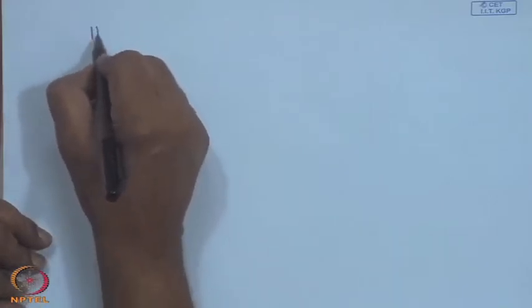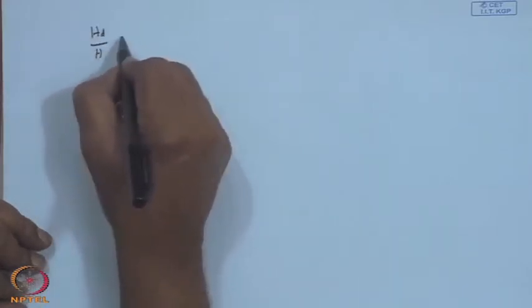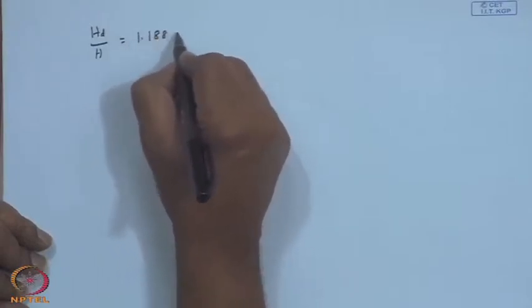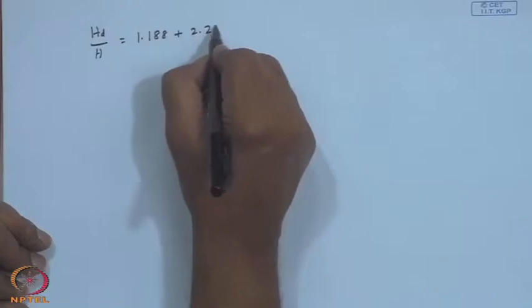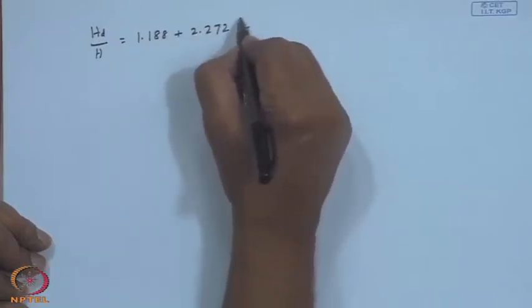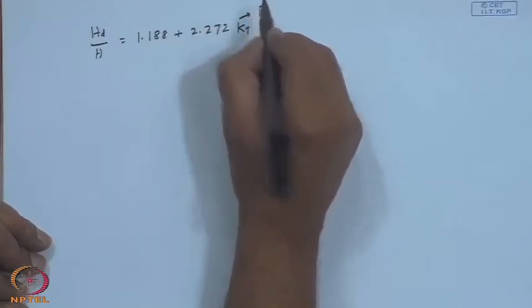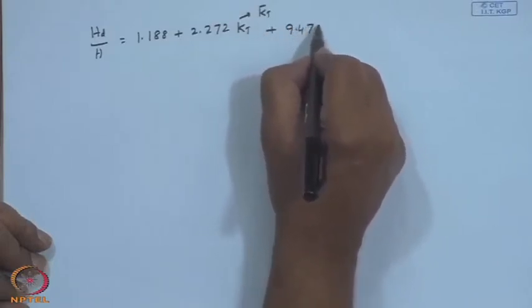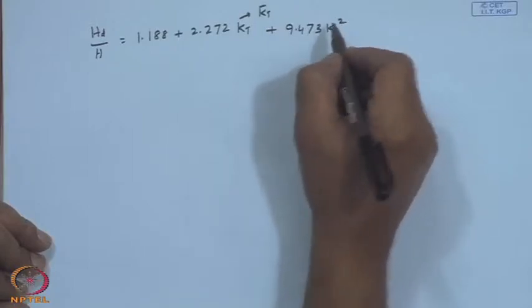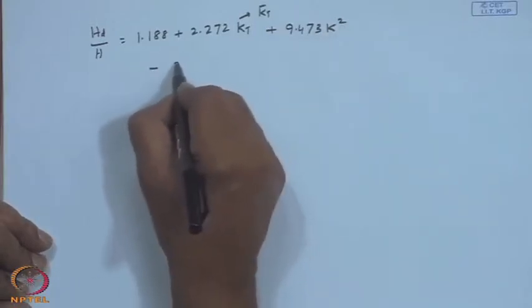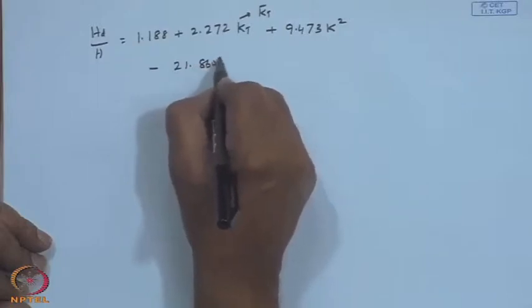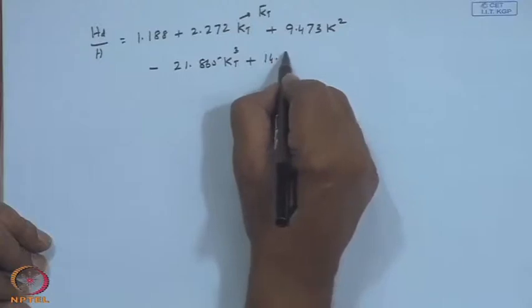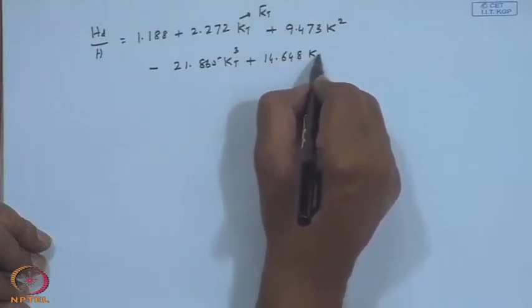So, now Hd by h equal to 1.188 plus 2.272 Kt, which will be equal to numerically Kt bar, plus 9.473 Kt square minus 21.865 Kt cube plus 14.648 Kt to the power 4.